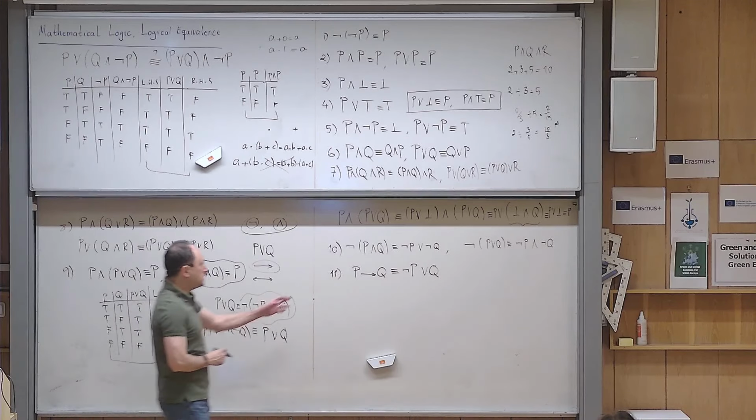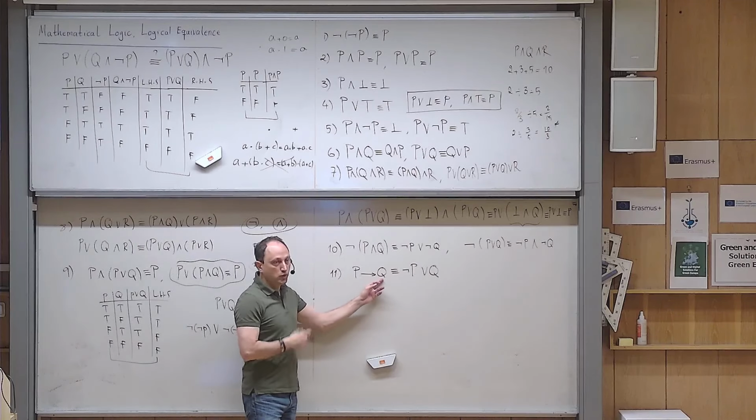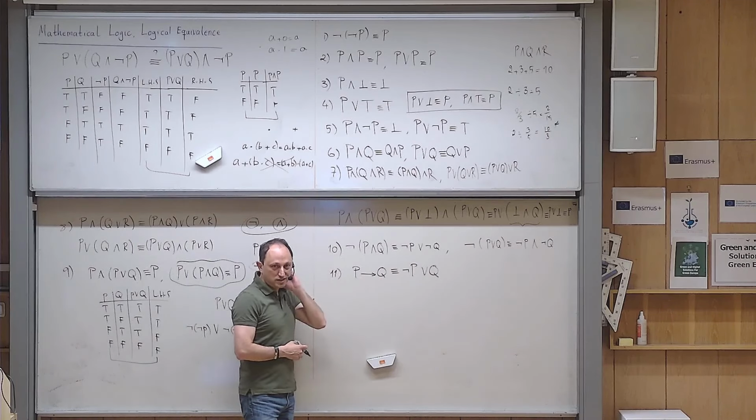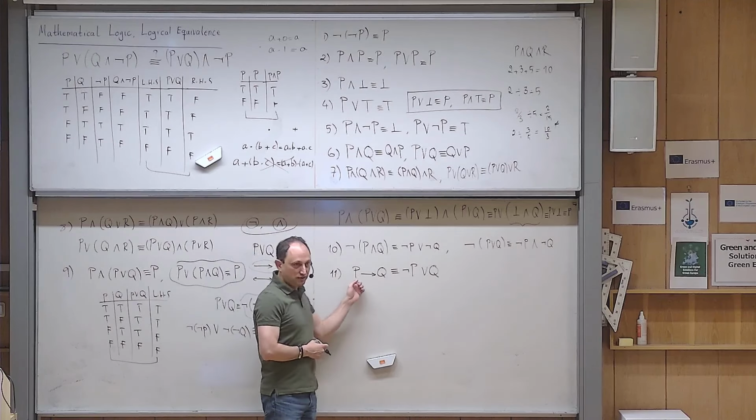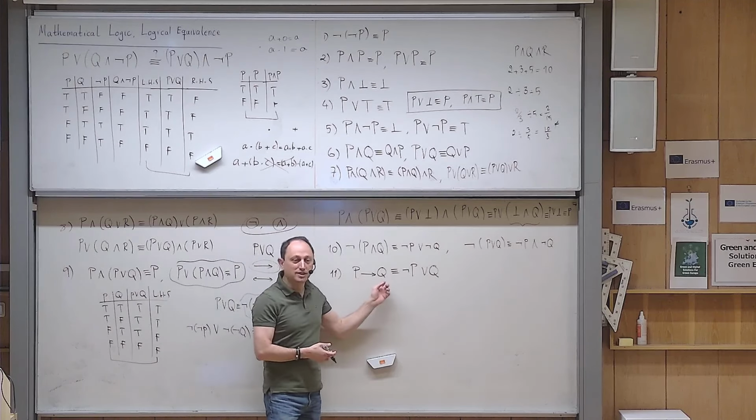So if 2 is even, then its square is even. This is equivalent to saying that either 2 is not even or its square is even.